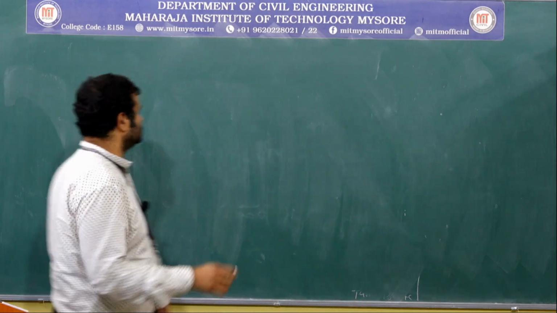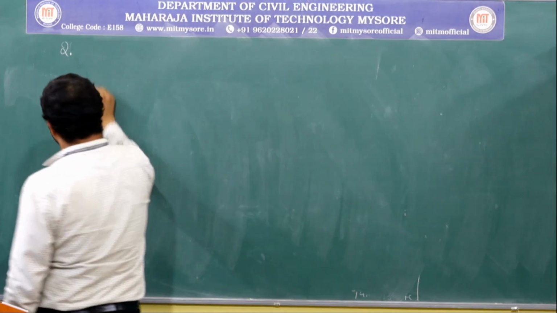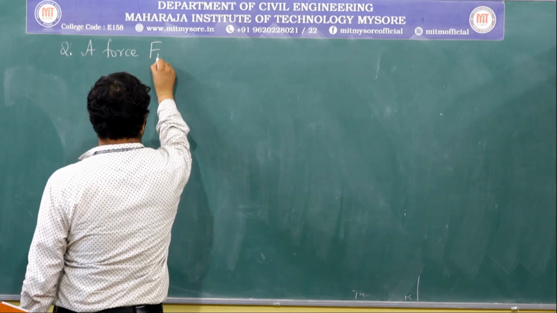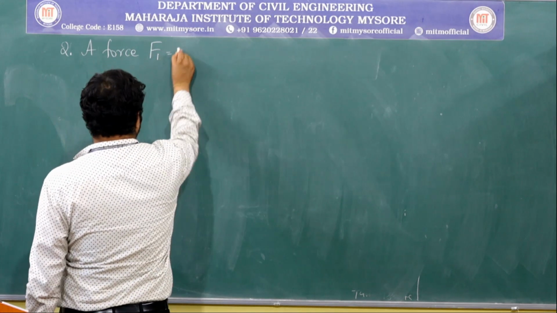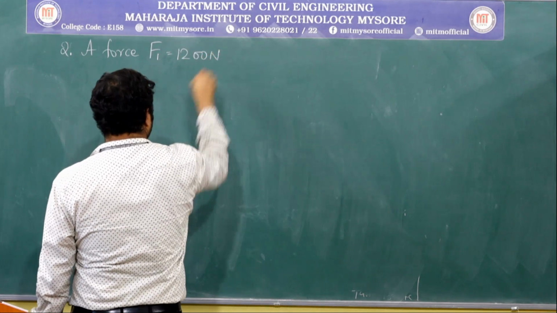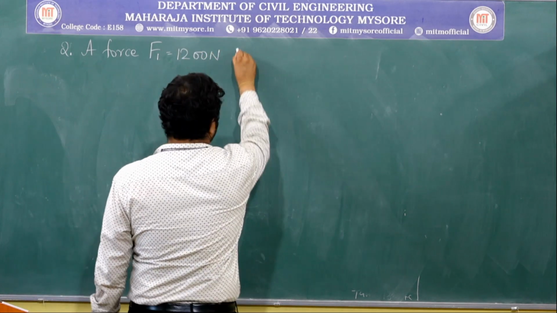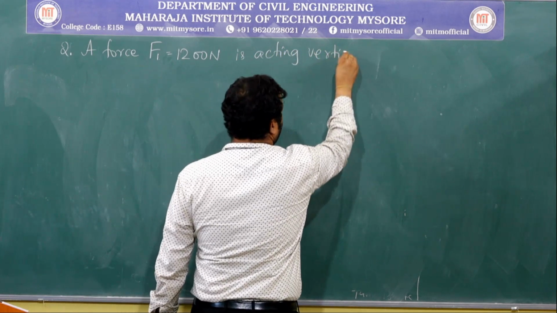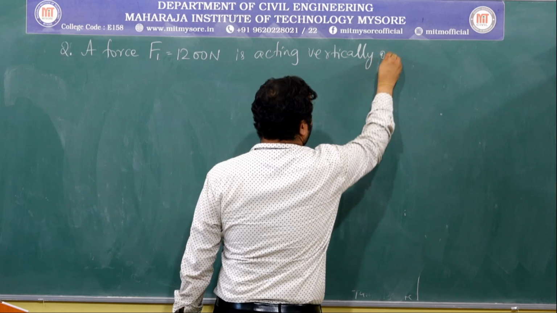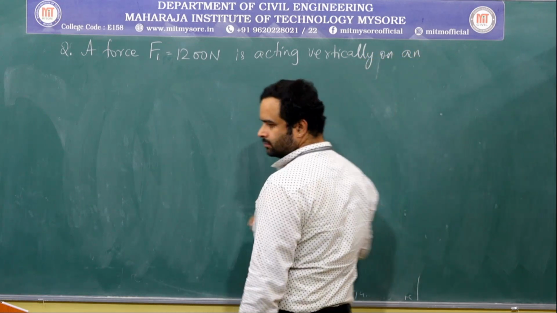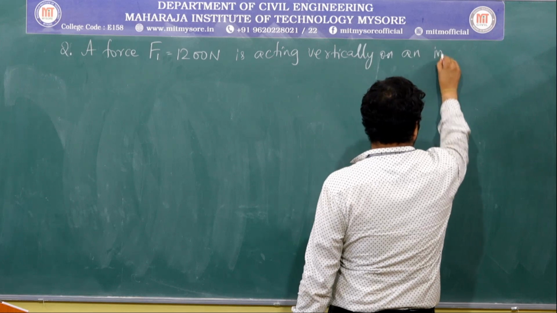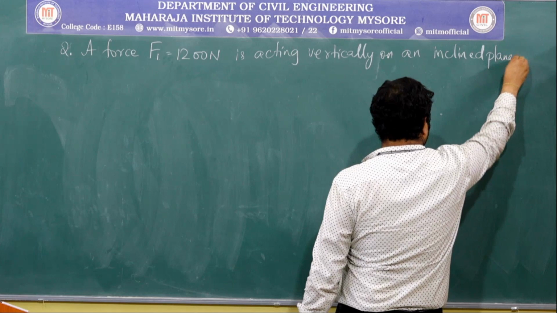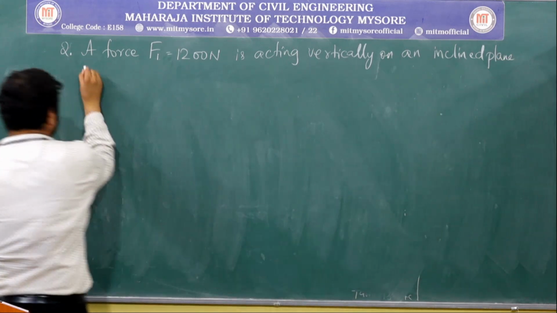So, the next problem goes like this: a force F1 equals 1200 Newton is acting vertically on an inclined plane as shown in figure.